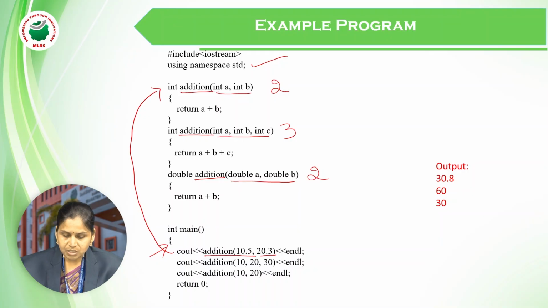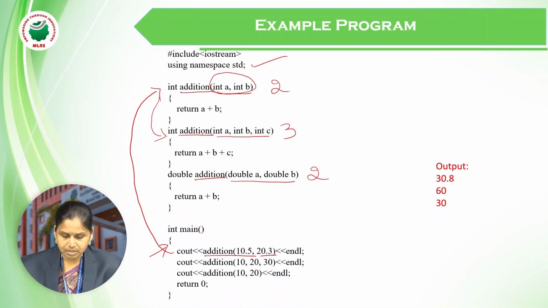This function contains 2 integer parameters, but we are passing double or float values. Then the compiler verifies the data type of the parameters. If it is not matched, then it goes to the second function.